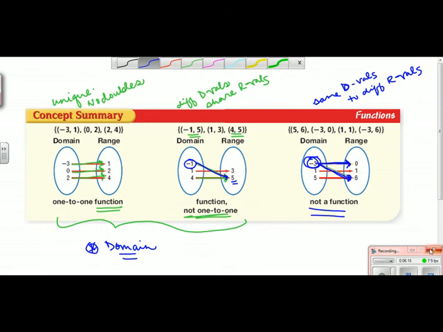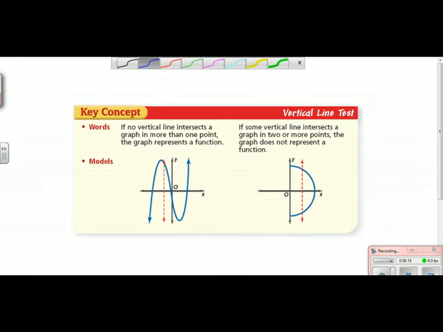Now, why do we care about this? And are we going to have to map all of these all the time? And the answer is no. And it's the vertical line test, which is a great idea. If no vertical line, remember that's up and down, intersects a graph in more than one point, it is a function. So I can go in here and I can draw vertical lines wherever I want.